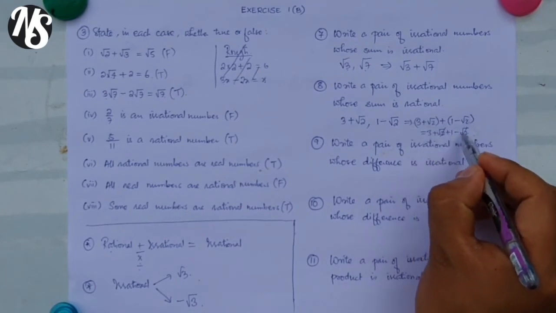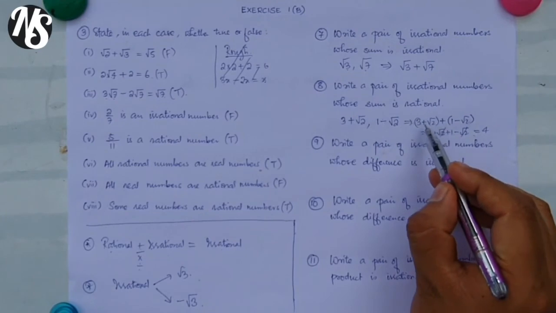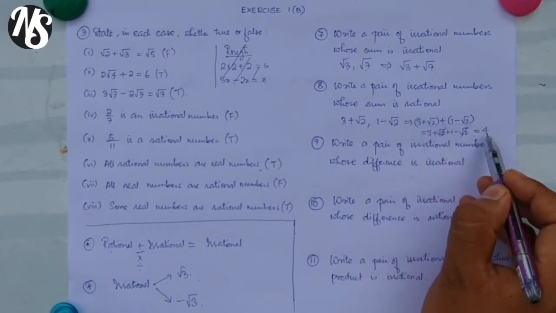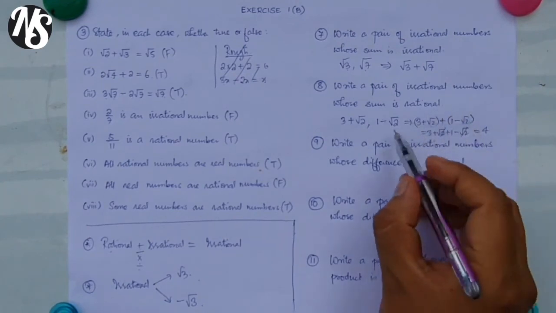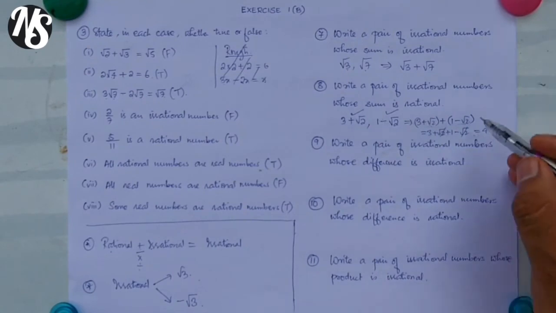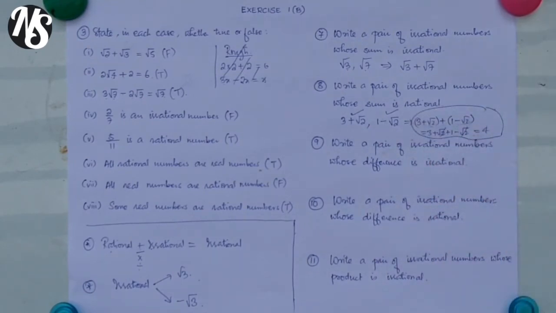So we get 3 plus 1, which is 4. Now see, when you add these two irrational numbers, you are getting a rational number. So the required pair is this one and this one. You need not write this part. I have just shown you the calculation here.